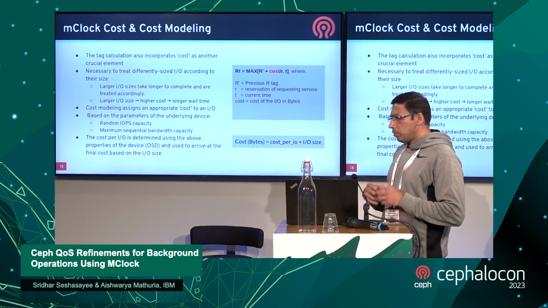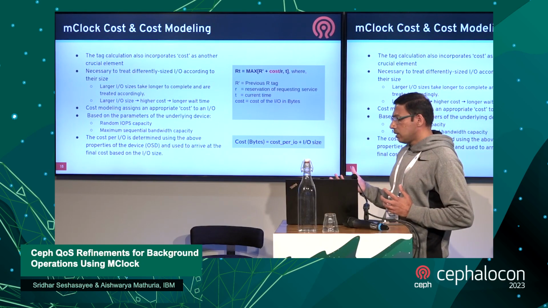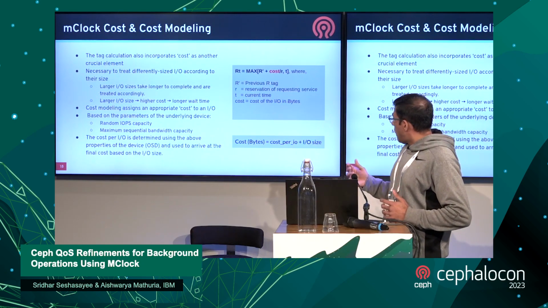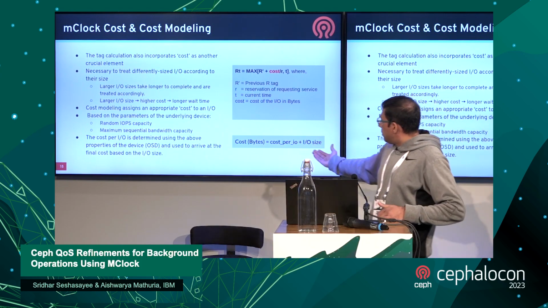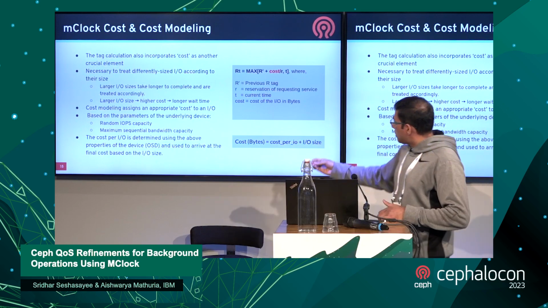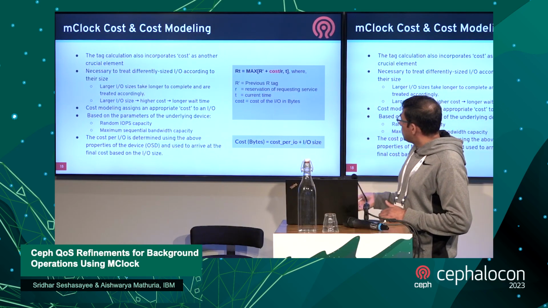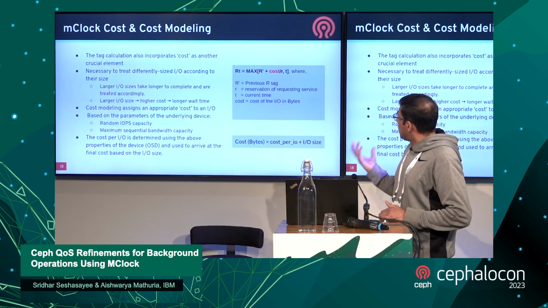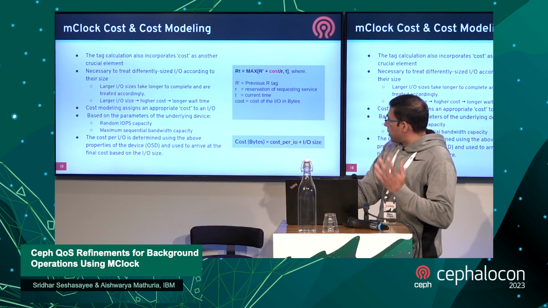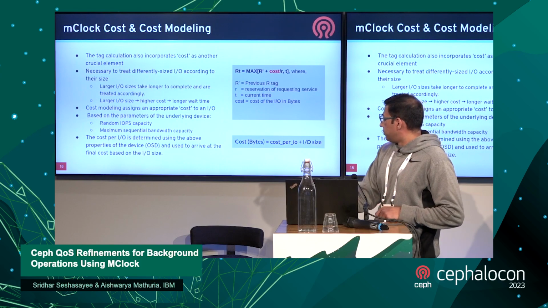This will be a constant for a specific device. And what we do is add the IO size to this cost per IO, and then it will be in bytes essentially. And this is passed down to the MClock algorithm, where it uses it to calculate when the op can be dequeued from that MClock queue.